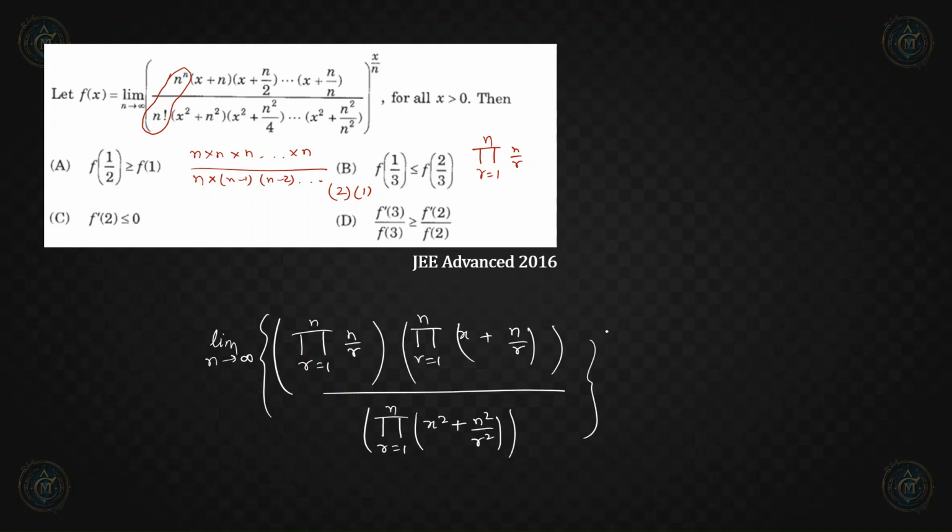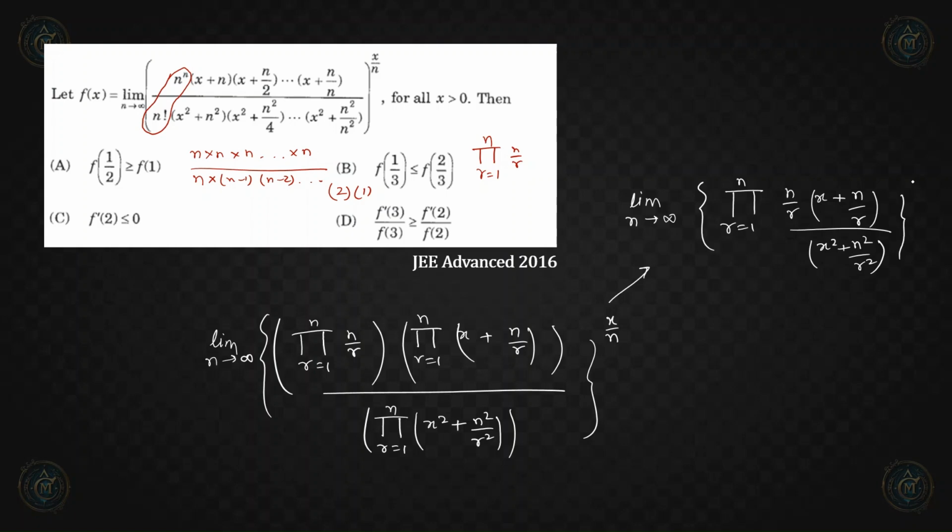So we can club these products together, because they are operating over the same range of r, r equal to 1 to r equal to n. So we can combine them. That means we can write this as limit as n tends to infinity, product from r equal to 1 to n of n divided by r times x plus n divided by r, divided by x square plus n square by r square, whole to the power x divided by n. Now this is our f of x.